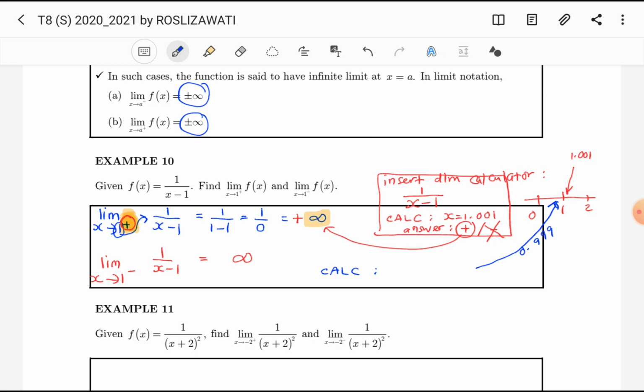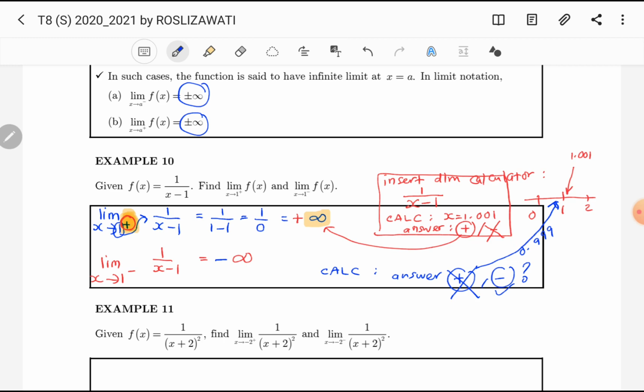So, 0.999. Okay. So, awak calculate. Okay. Awak tengok answer dia. Answer dia positif ke ataupun negatif? Okay. So, awak dapat negatif. Bukan positif. Okay. So, kita akan letak negatif here.